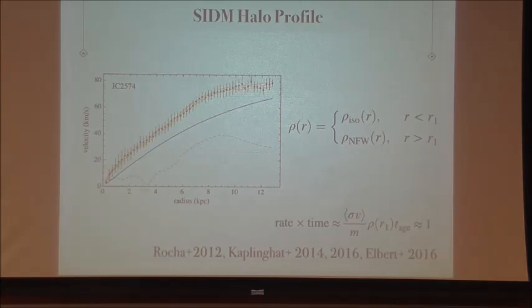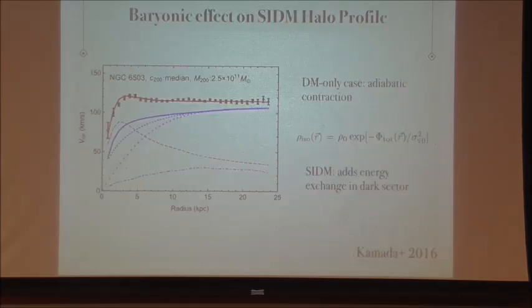So the next part is basically including the baryonic effect on the SIDM halo. As I said before, even in your non-standard dark matter models, you are going to get an effect from galaxy formation. In the general cold dark matter only case, there's an effect called adiabatic contraction. This is basically if you have a galaxy in your dark matter halo, the potential well is deeper in the center, so now the dark matter particles feel that potential, and that will steepen the center region.